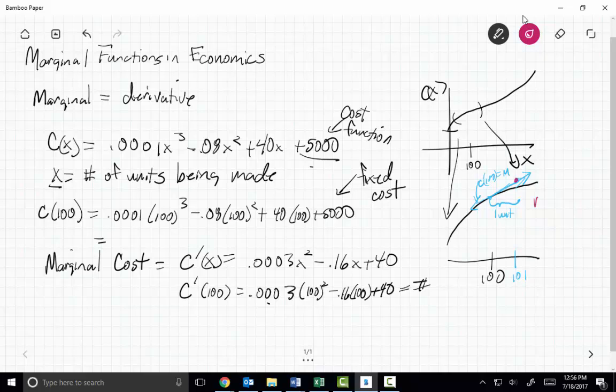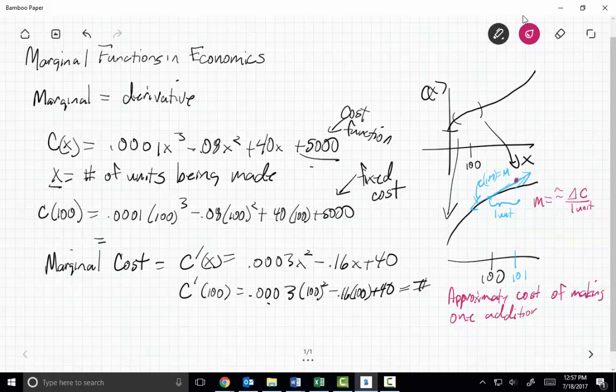So M is going to equal some rise, which is really an approximate change in cost over 1 unit. So what this marginal cost function tells me is the approximate cost of making 1 additional unit.